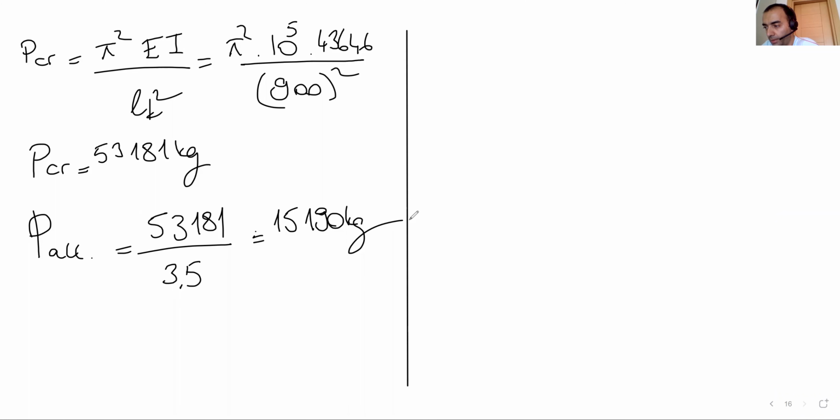Yes. If here the length of the member, let's change it. This is the fourth question, this is 51. If we are gonna use the same previous example, if L is 20 meters, what is P allowable?